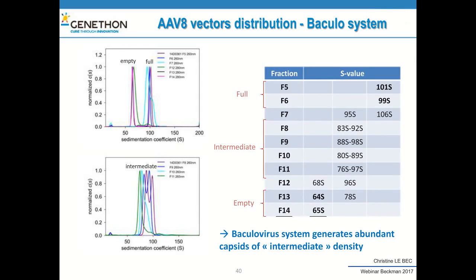It's for fractions 5 and 6. We have an S value around 100S. All the intermediate species are between 70S and 95S, and the empty particles are around 64, 65S. So the baculovirus system generates abundant capsids of intermediate density.